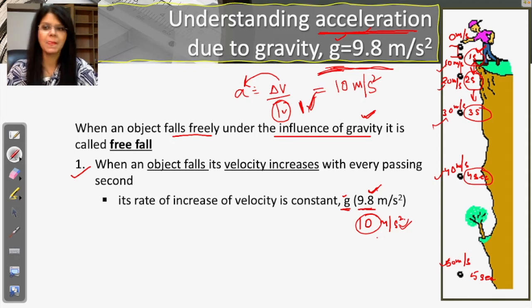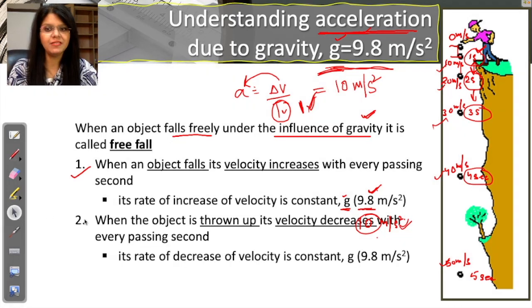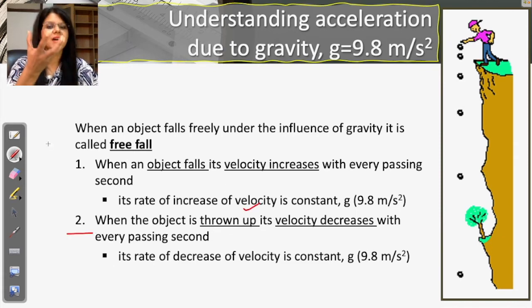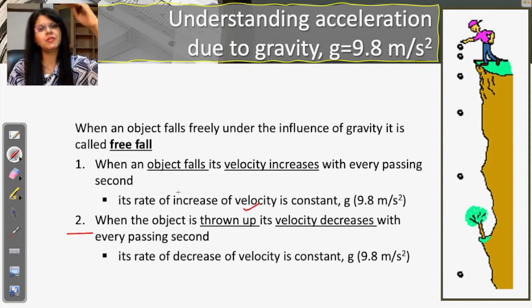Make sense? Okay, so the value of G also depicts something else. This is your point number 2. When an object is thrown up, its velocity decreases. We know it from our common sense. We all have played with balls. We throw the ball up, we see that the velocity goes down.